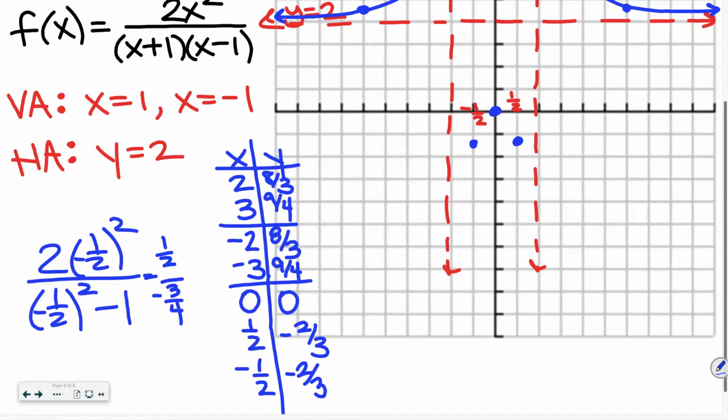So what's happening here is it's turning around like a U. Isn't that crazy?